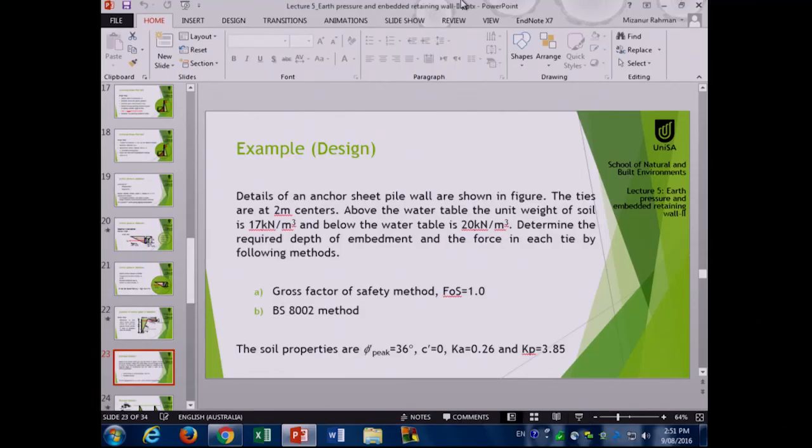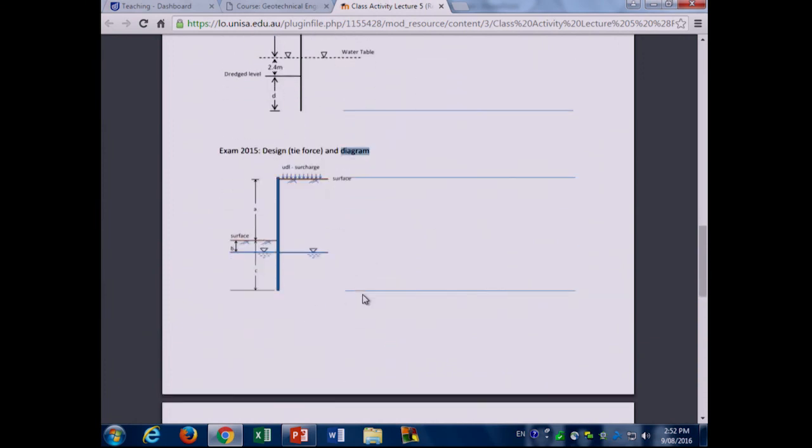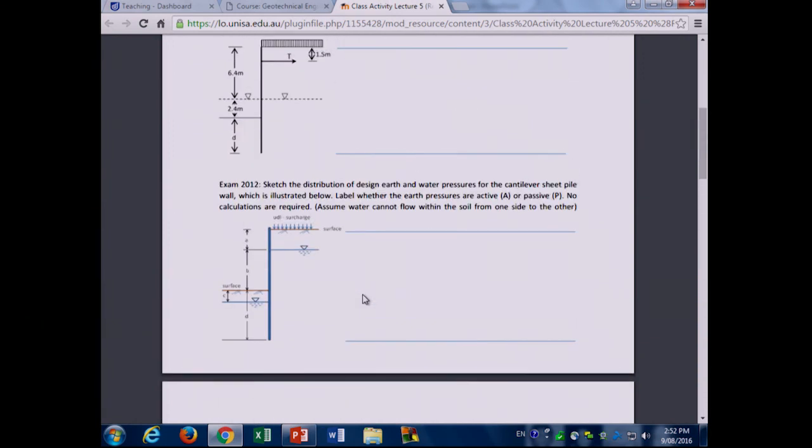Okay, we still have some time to go back to this problem now. Try this one first. Now you have pore water pressure, and I explain how pore water pressure changes.